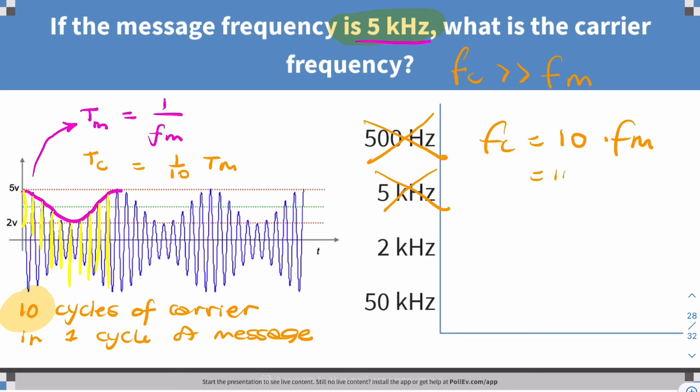So that's 10 times 5,000, and that's your answer. So we found the carrier frequency simply by measuring how many cycles of the carrier we had within one cycle of the message.